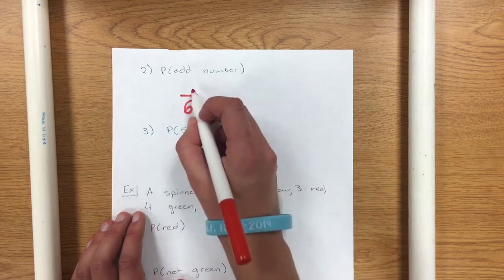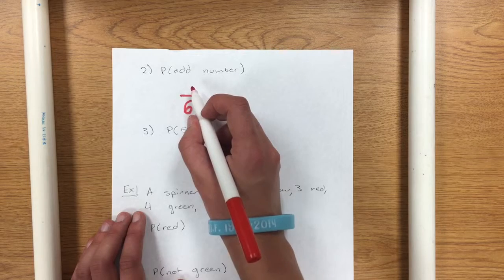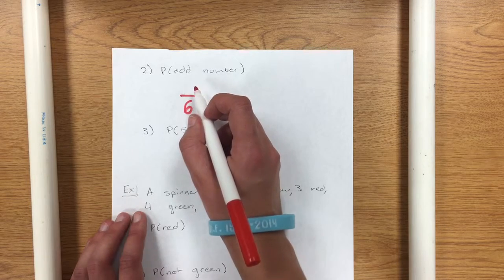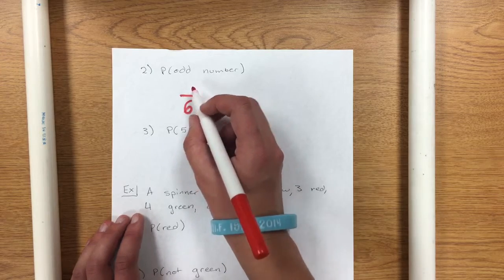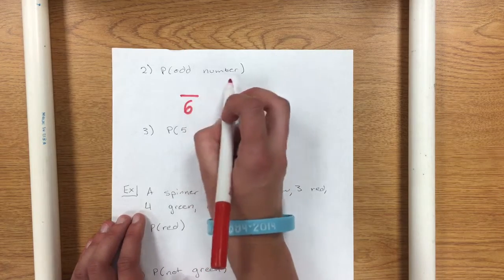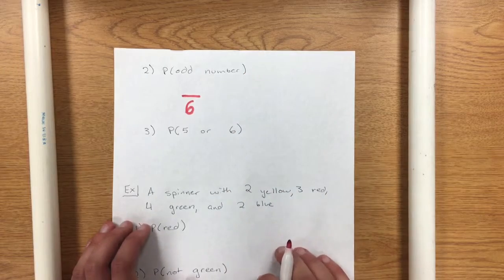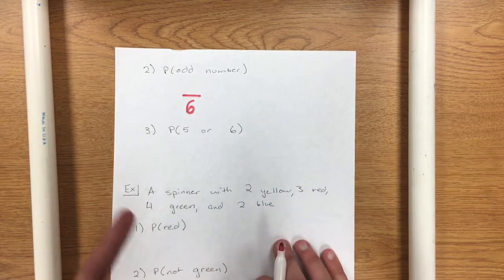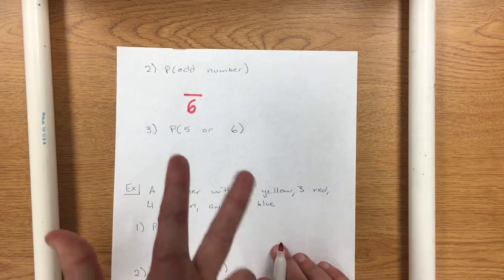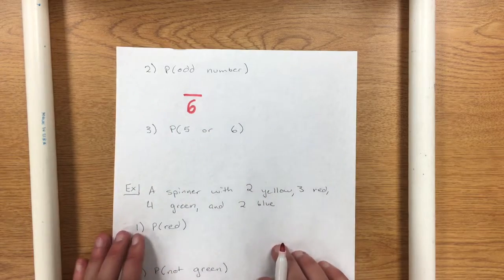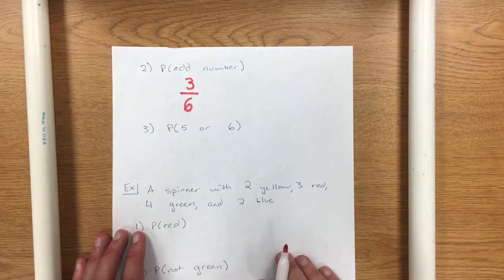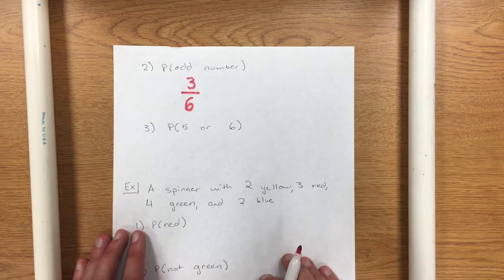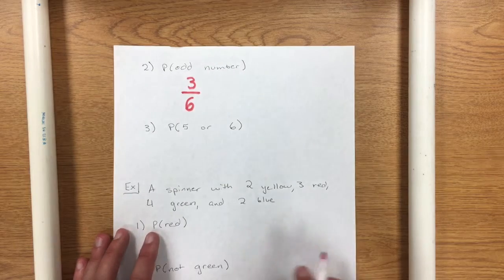Now, what goes on top of our probability fraction? The number of ways our outcome can occur. So the number of ways we can get an odd number. So we're thinking about our dice. We could get 1, 3, or 5. So how many is that? 3. Awesome. Now what's wrong with 3 over 6? It can be simplified.